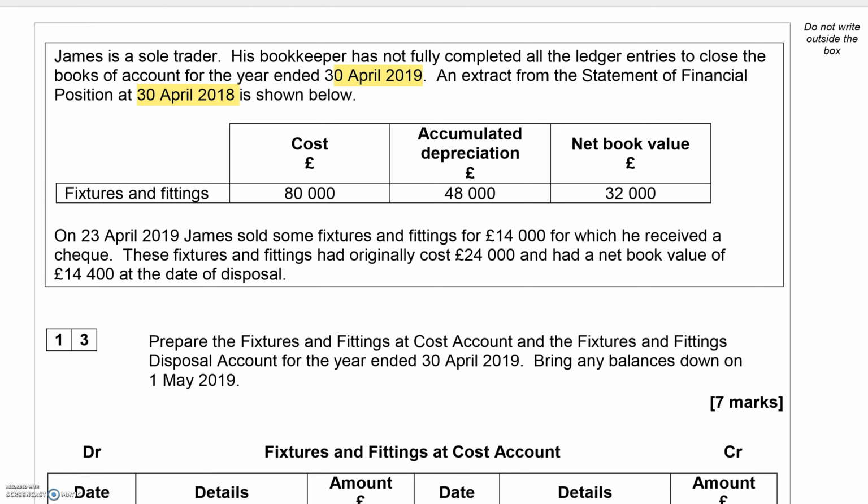You also have some additional information about the fact that he sold some assets, so that's a disposal. And it doesn't seem that he's purchased anything. So we have a question here which has got your non-current assets and you have a disposal as well.